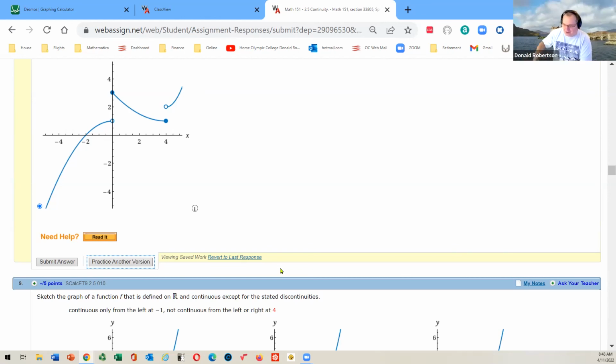Do they want you to just write x equals 4, or do they want you just to write 4? WebAssign can be very pernickety sometimes about what you do. So they would do the try another, and it would kind of help them see that they want you to write it this way. So practice another is useful for that as well.